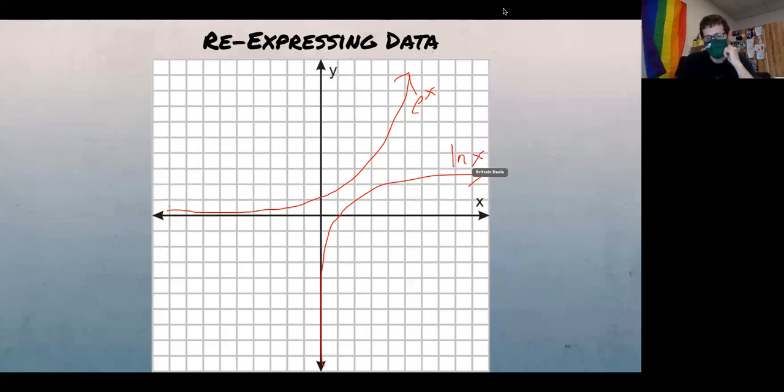So these two are inverses of each other. This maybe doesn't intuitively make sense, but if this was log base 10 of x, then the inverse of that is going to be 10 raised to the x. That one makes a little bit more sense intuitively.